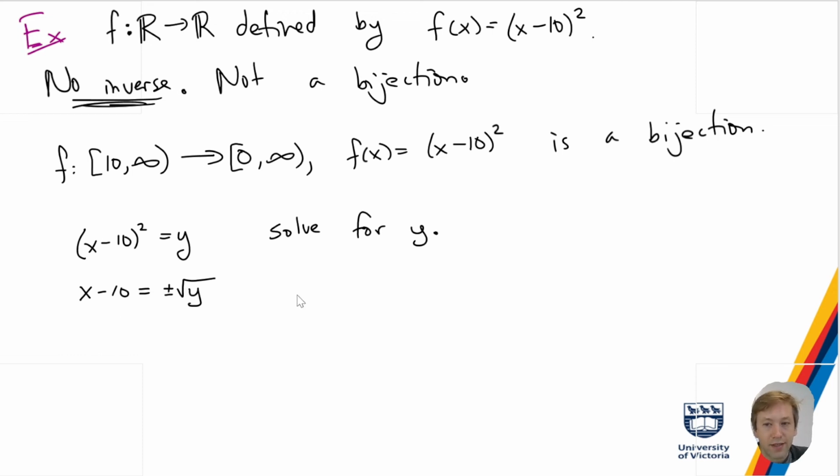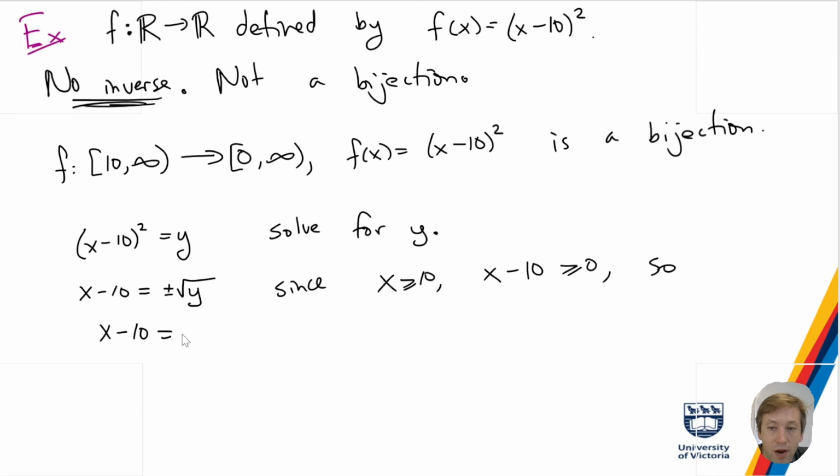But in this case, since x is at least 10, we know that x minus 10 is at least 0. So actually we know that x minus 10 is the positive square root of y. By the way, here I'm taking y to be in the range 0 to infinity. So what we're going to want is x equals root y plus 10.